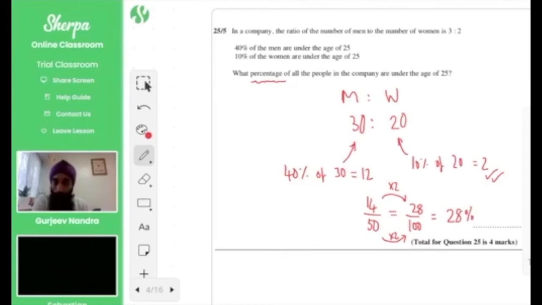You then get a mark for getting somewhere in terms of a fraction that is representative of the people under the age of 25. And then you get 1 mark for getting the correct answer. Like I said, there are a few different ways of doing this one, so it's not as easy to say where all the marks come from.